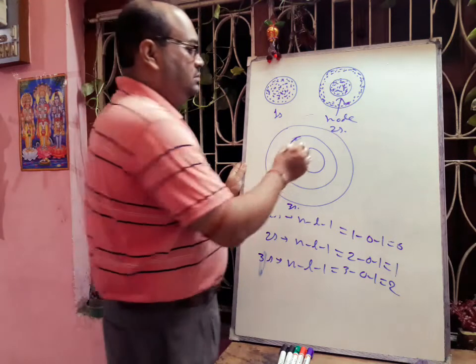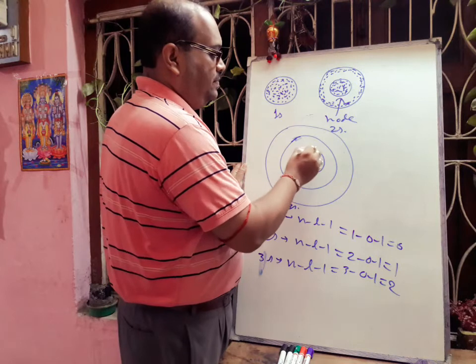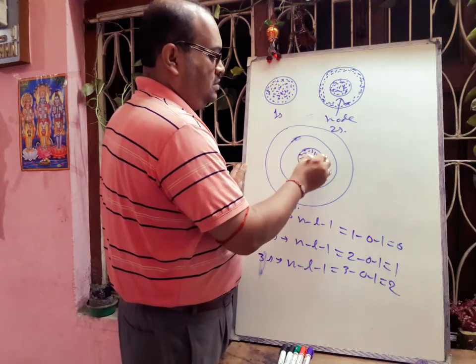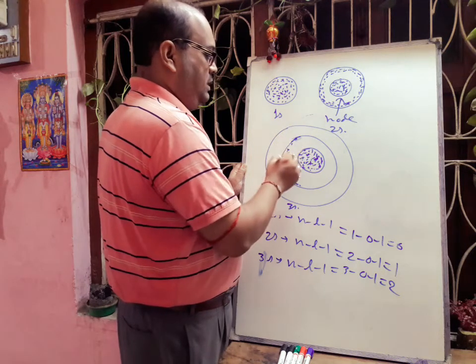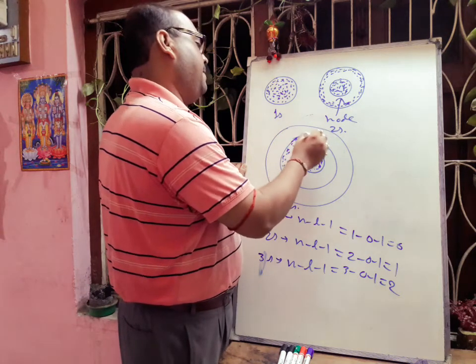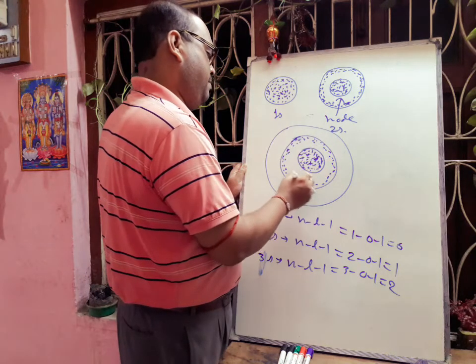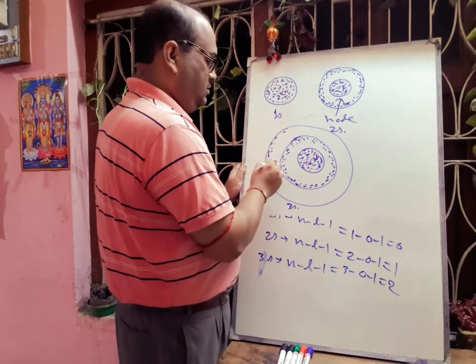Now here inside, the electron density is the maximum, and in this circle there will be electron density, and here also some electron density will be there.